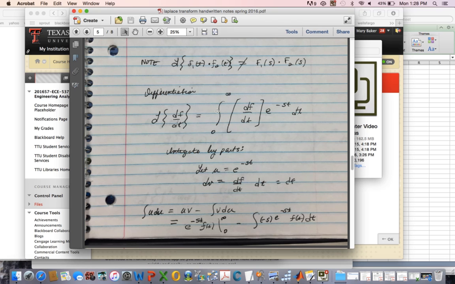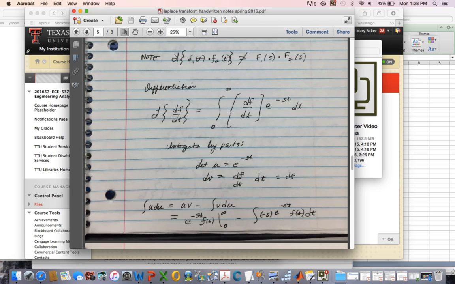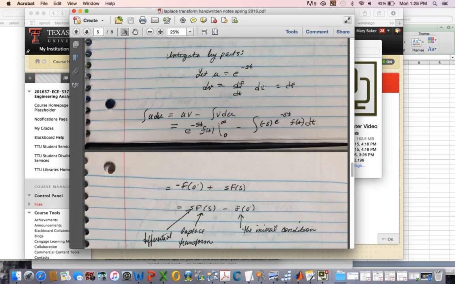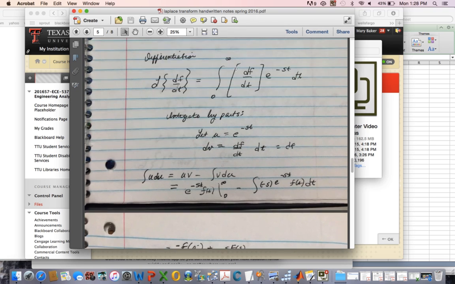The property of differentiation is the one that's so important in differential equations. Basically, if we have some function and we have its time derivative, the transform of the time derivative of that function can be found by substituting df dt into the formula for the Laplace transform. We can then integrate by parts, assigning u as e to the minus st and df dt as dv, and then dt is df.